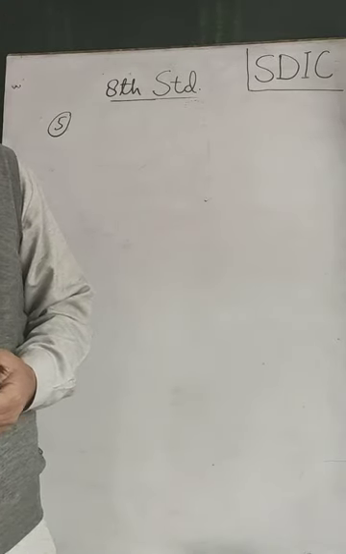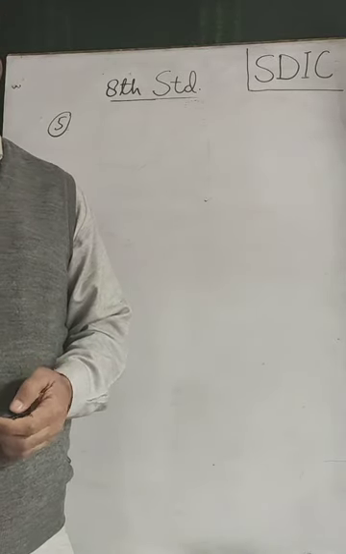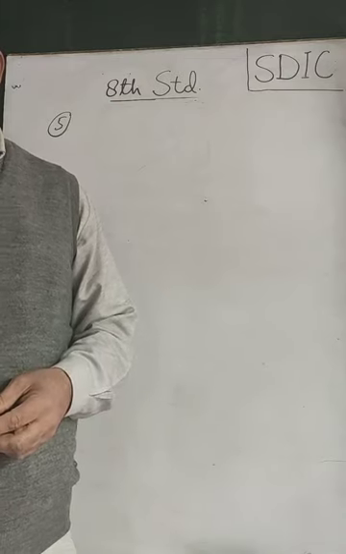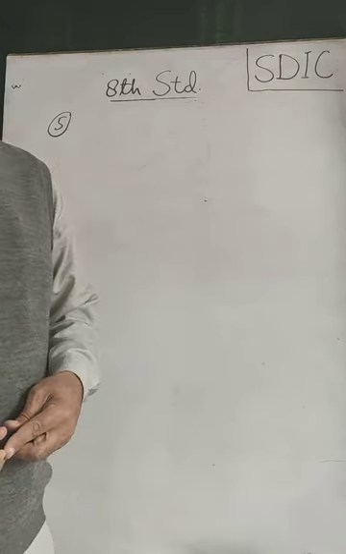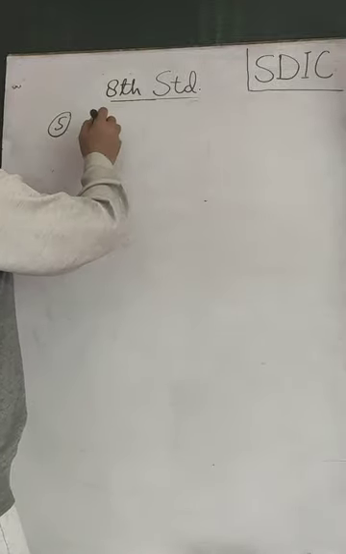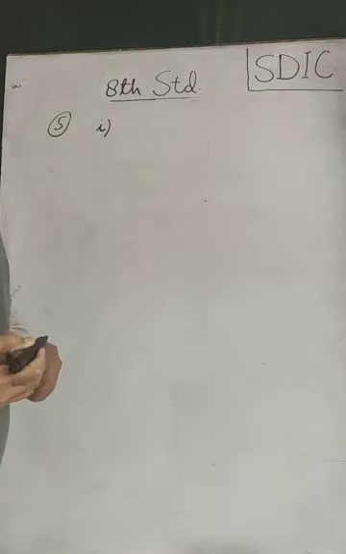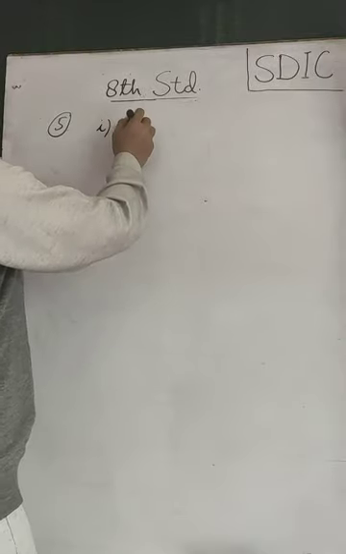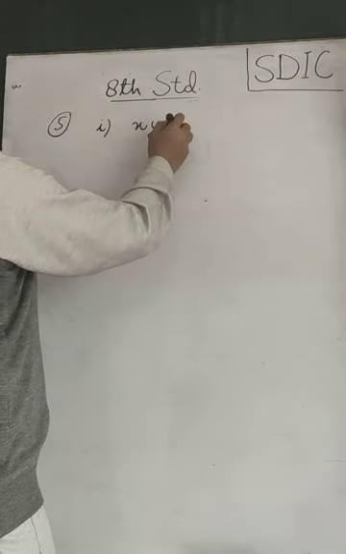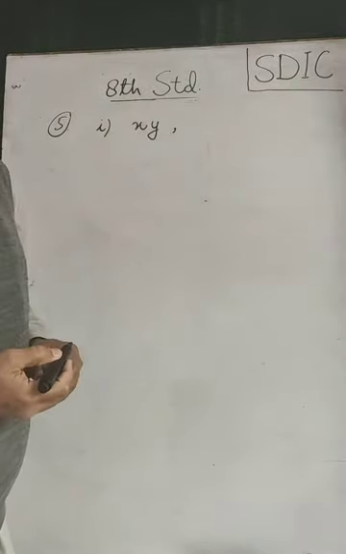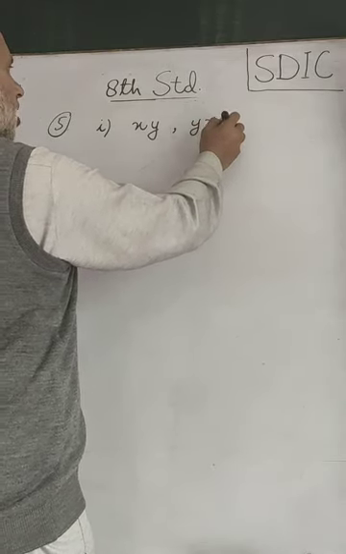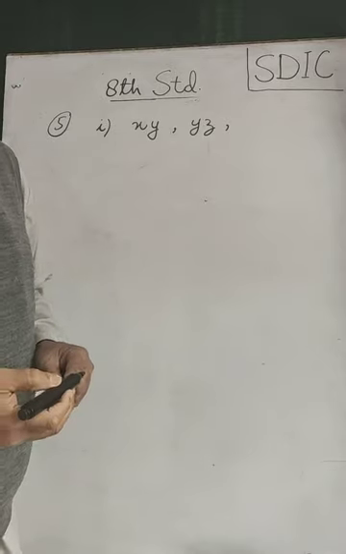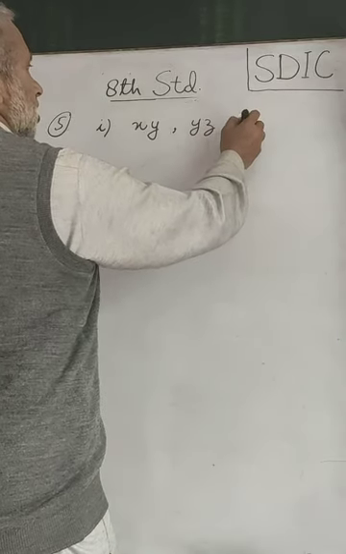Procedure will be same. We are again asked to obtain the product of, multiply. We have to perform. First part, 3 monomials are again involved. xy is the first monomial, then comma, yz second monomial, and again comma, zx is the third monomial.